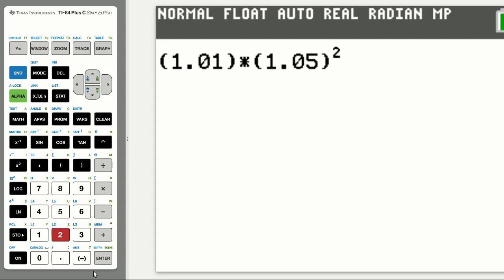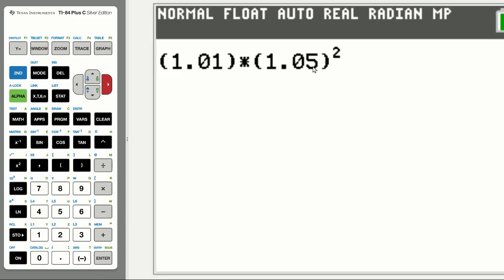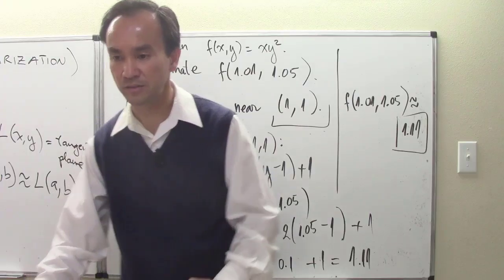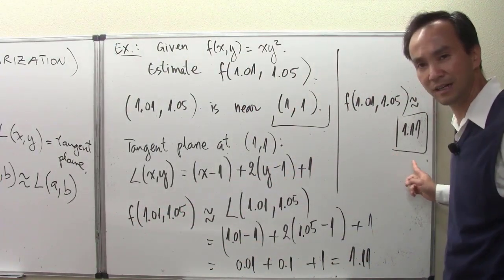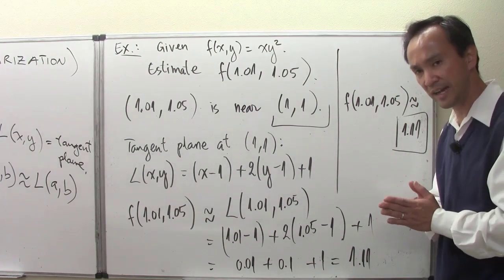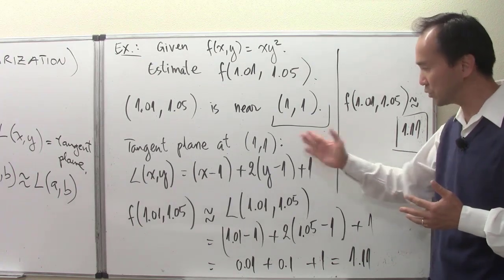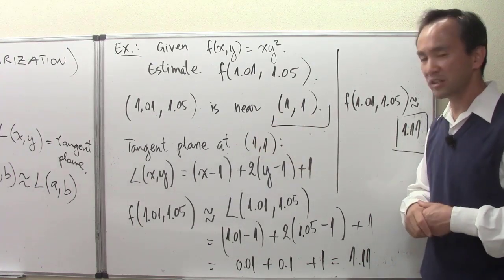The actual value is 1.113525. And what we approximated was 1.11. You can now see how effective and how efficient it was to use the method of linear approximation.